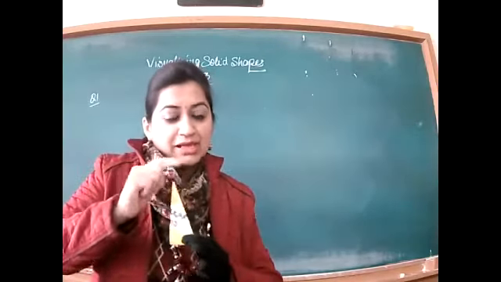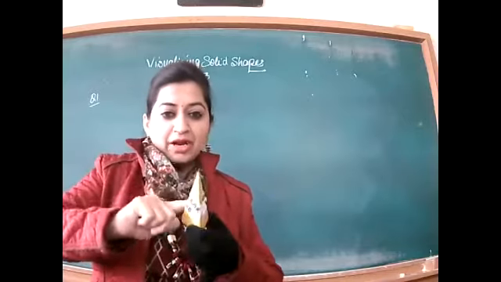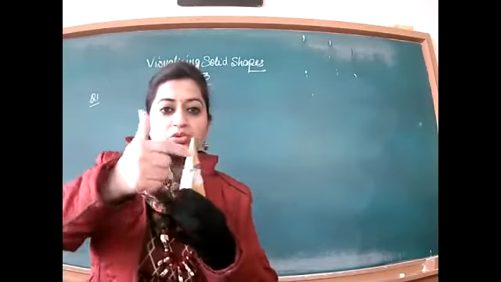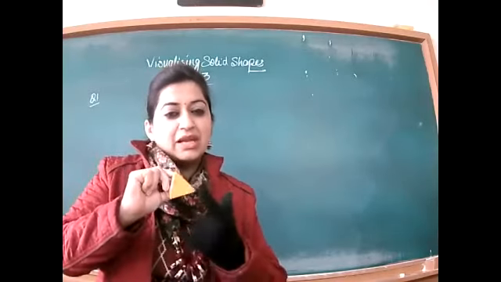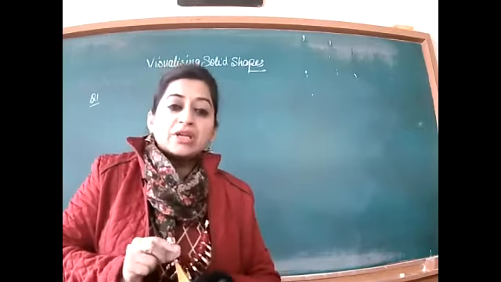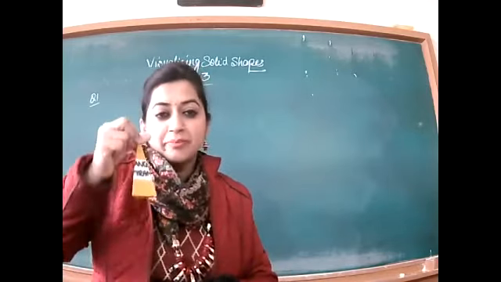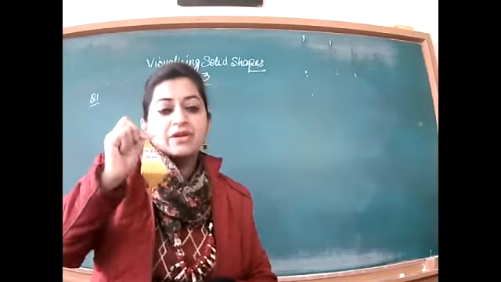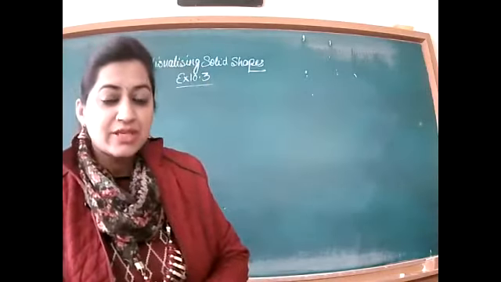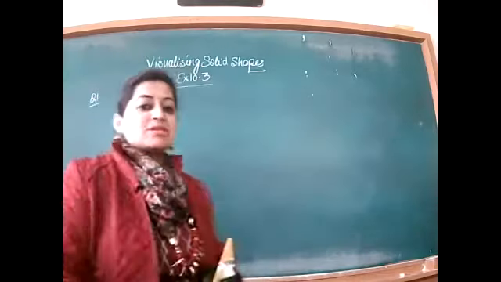Total कितने 4 triangles बन रहे हैं? 3 ऊपर है, 1 2 3, और बॉटम में कितने ट्रायंगल है? 1. तो टोटल 4 ट्रायंगल्स हैं इसमें. एक्चुअली इसमें 4 ट्रायंगल इसलिए हैं क्योंकि it is a figure that is formed with minimum number of faces. इससे कम फेसेस की कोई भी फिगर नहीं होती.